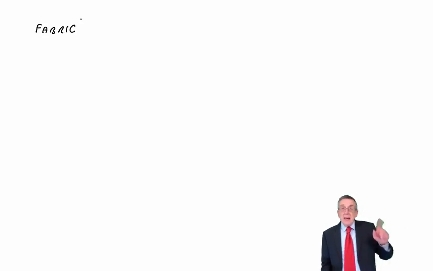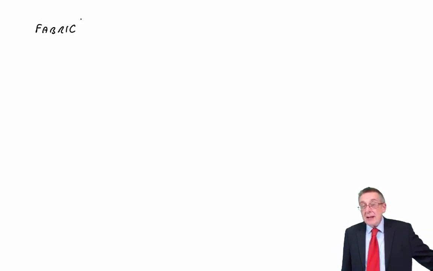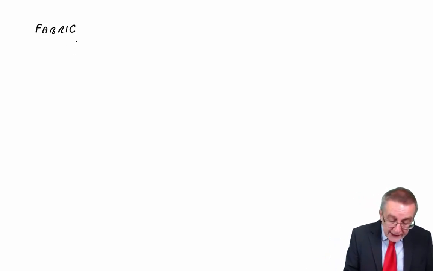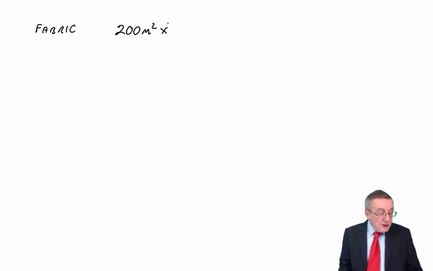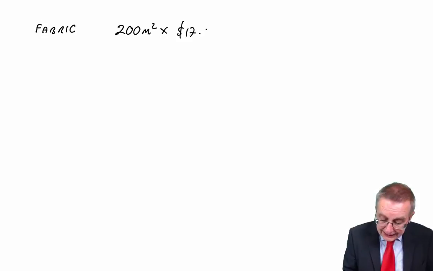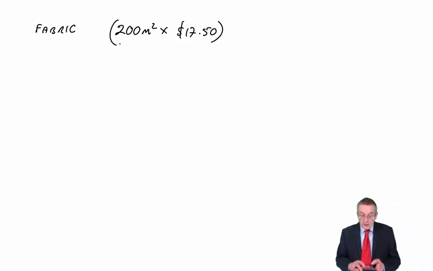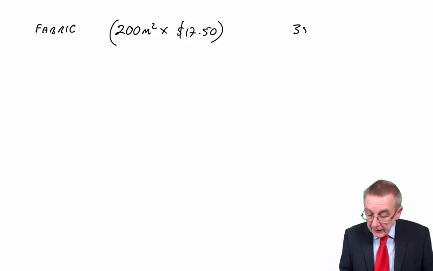But because we regularly use it for other products, we're going to have to replace that material. Otherwise, other products suffer. And so it's in regular use. We'll use the cost of replacing it. It's 200 square metres. To replace it is the current purchase price, $17.50. The relevant cost, therefore, $3,500.